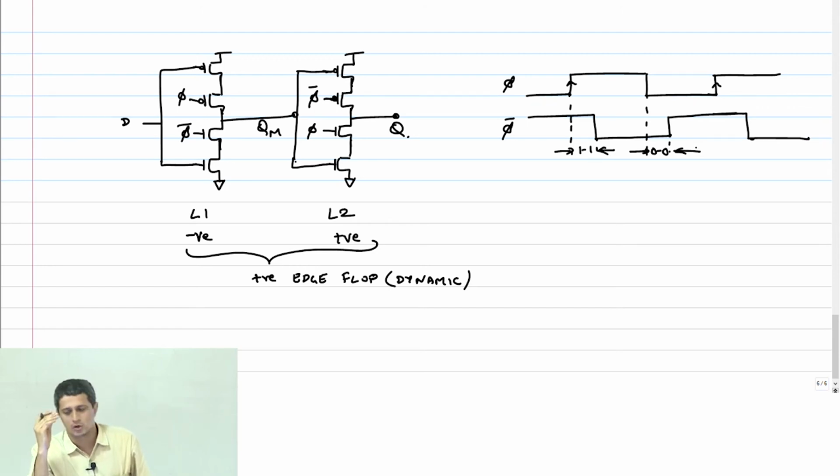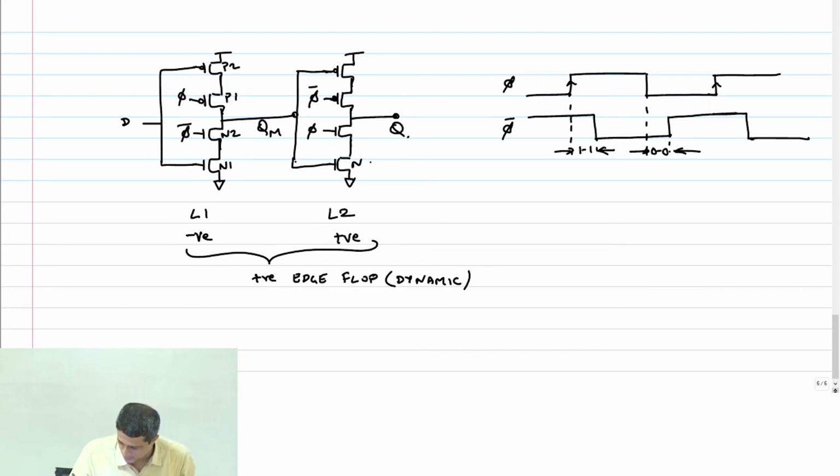So what will happen? Can you tell me what transistors will be turned on? Let me label them N1, N2, P1, P2, N3, N4, P3 and P4. In my 0-0 overlap condition, which transistors are off?